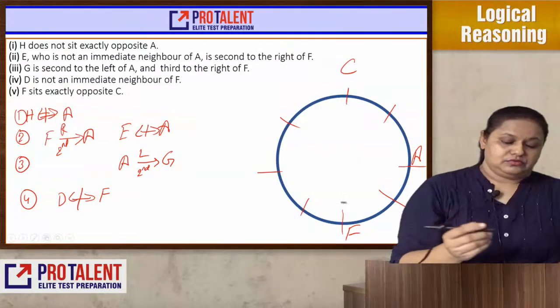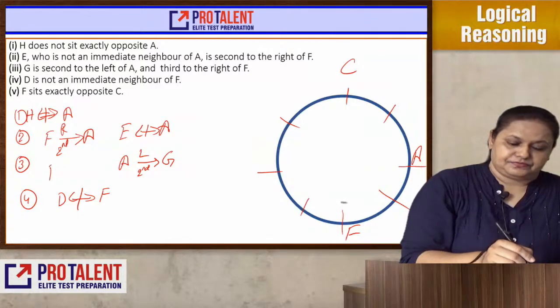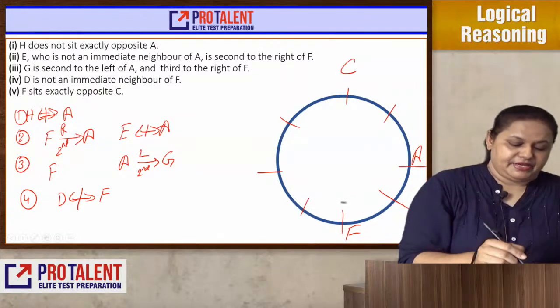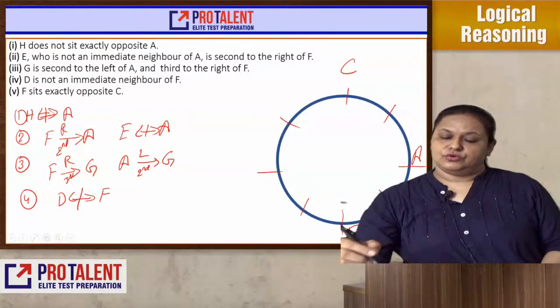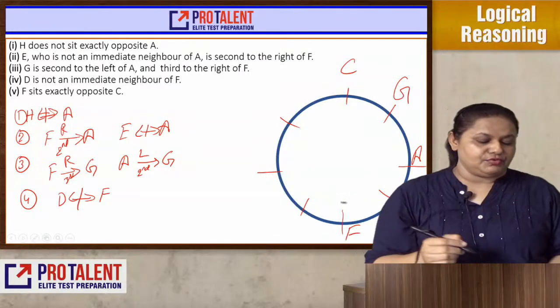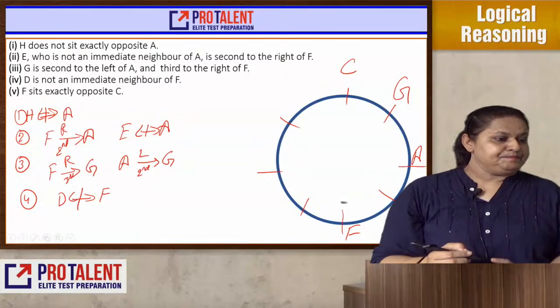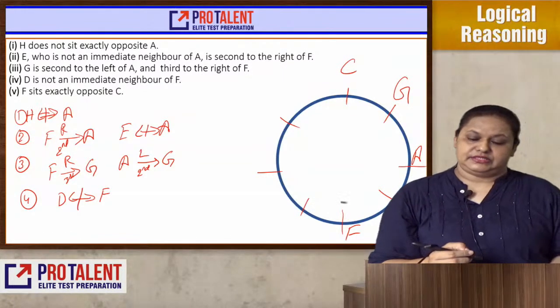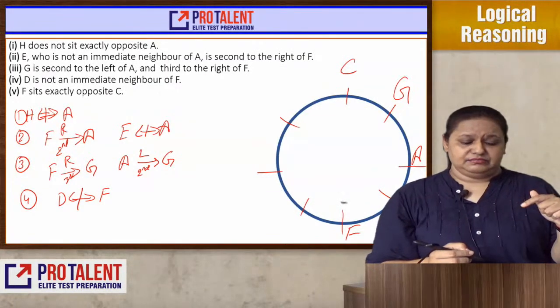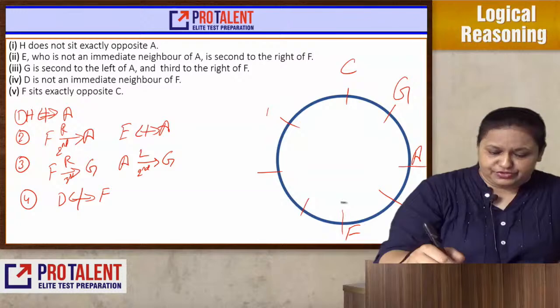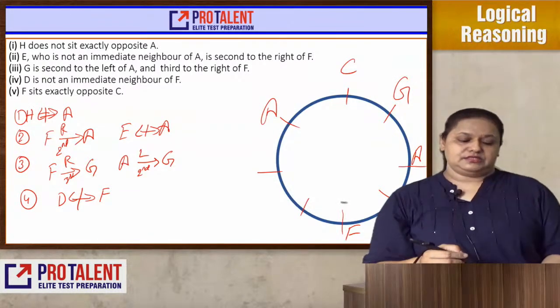F के right में third position पे G is there. So 1 2 3, G should come over here. I am done with the third point. Then in A's left, G should be there on the second position, so A is going to be here. Is it so?